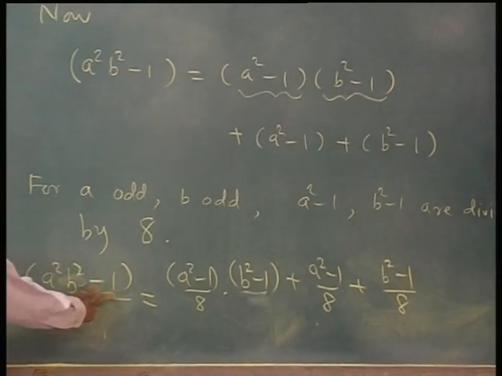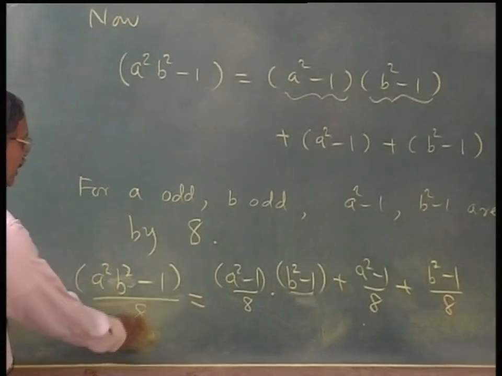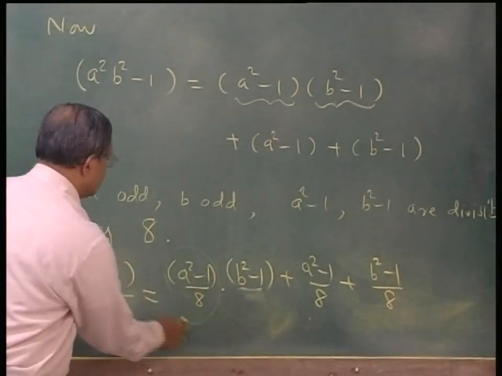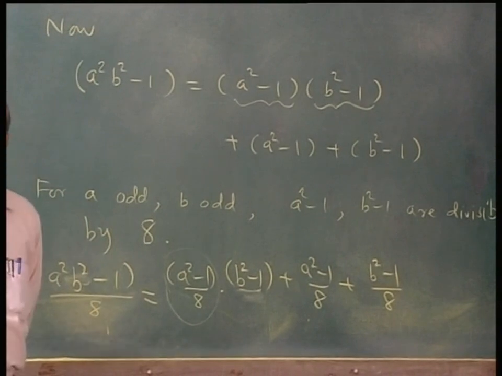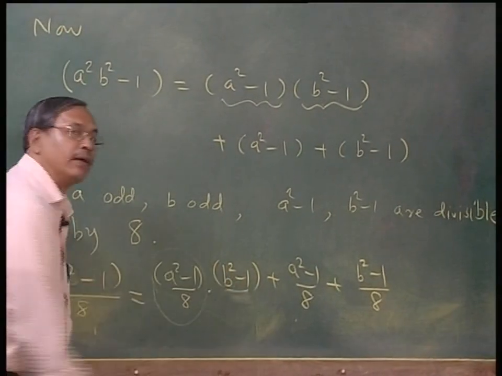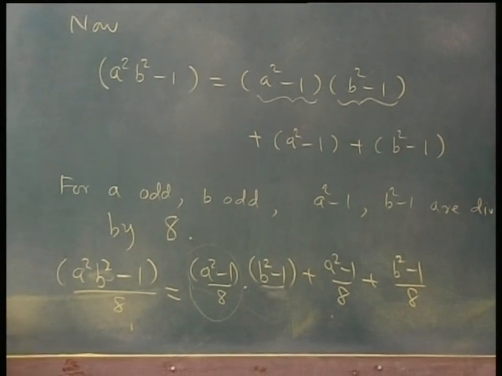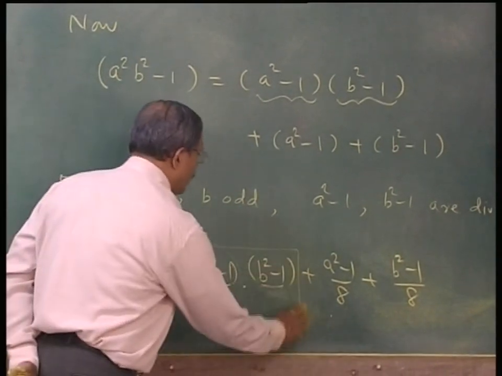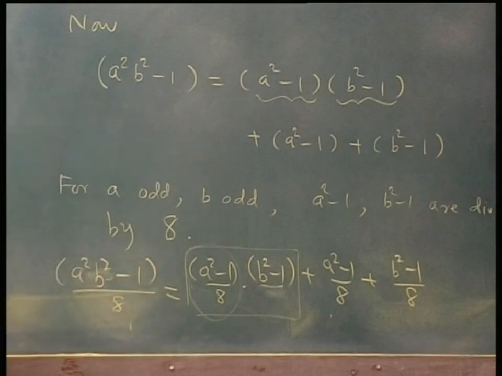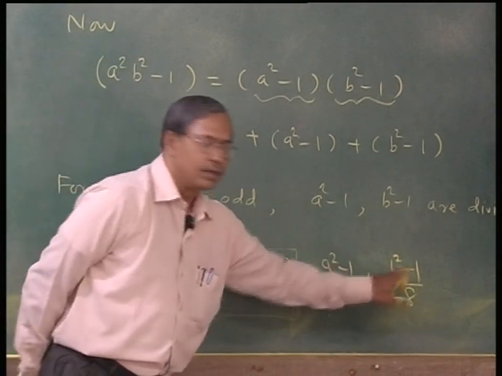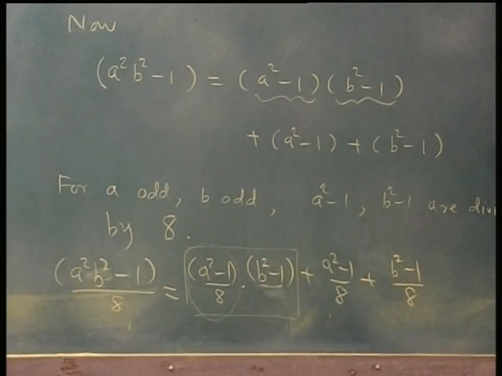So this is an integer because this is odd square minus 1 by 8, so it's an integer. This is an integer, and this is divisible by 8. b square minus 1 is divisible by 8. So this quantity is divisible by 8. Means this is congruent to this plus this modulo 8.